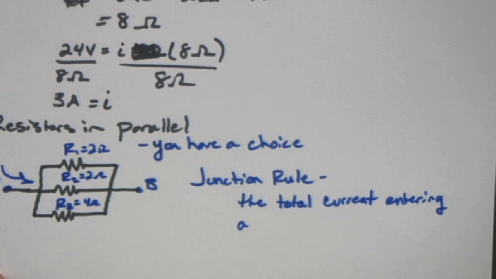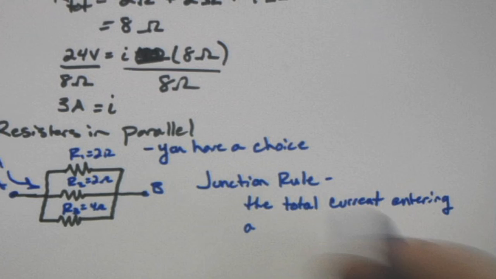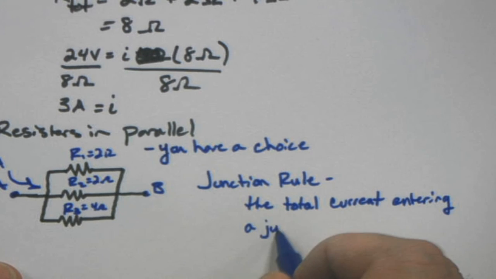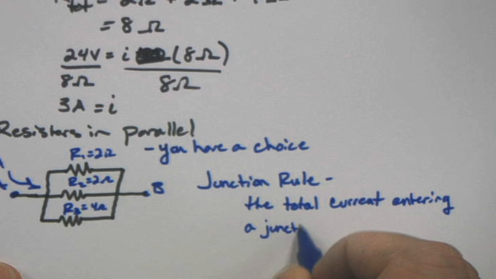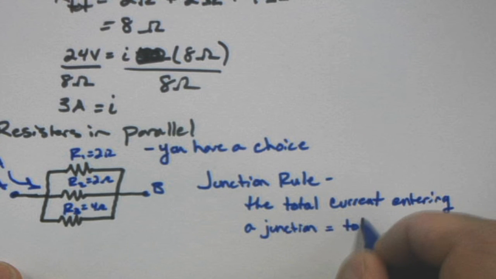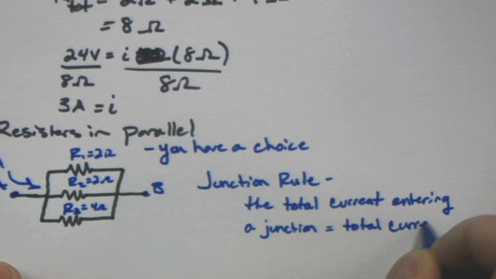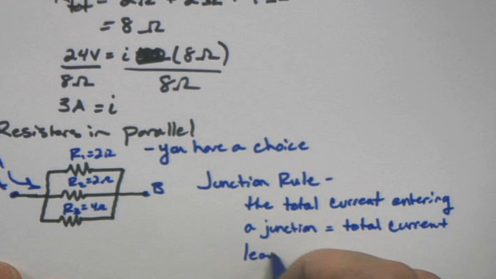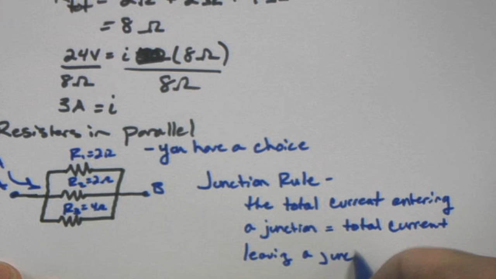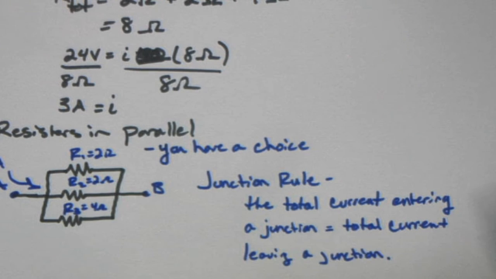So we have the junction rule, which says the total current entering a junction equals the total current leaving a junction.